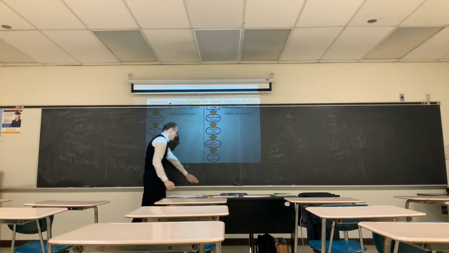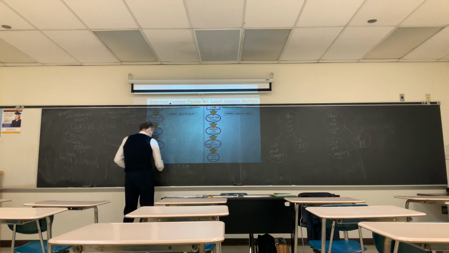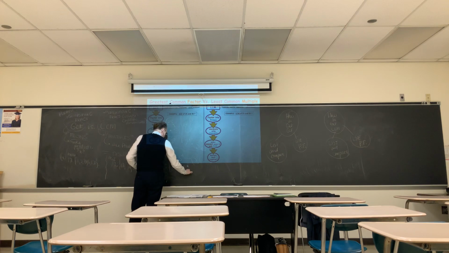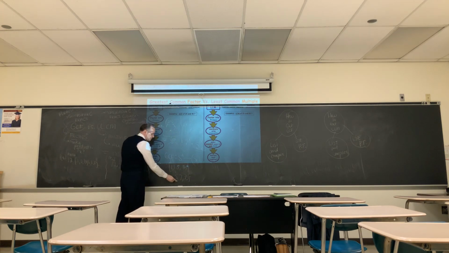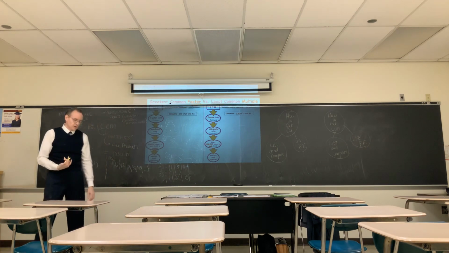Now granted, if you did it the slightly more brute force way, which is to list factors of 25 and factors of 35, it wouldn't take too long in this particular case. It would be 1 times 25 and 5 times 5, which you only write once, and 1 times 35 and 5 times 7, and you'd see that's the greatest common factor, right?